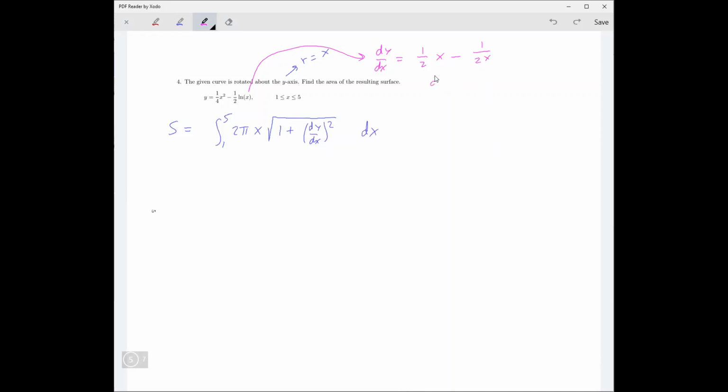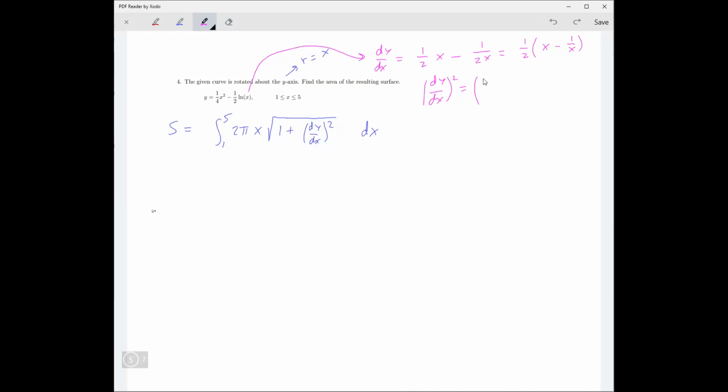If you square that, I guess we could rewrite it as 1/2 and then x minus 1 over x. Yeah, that's probably better.